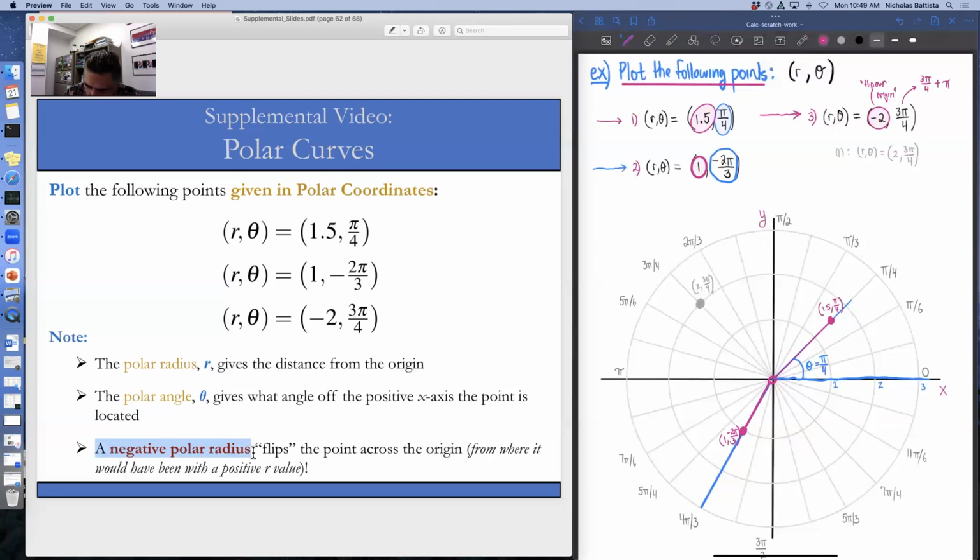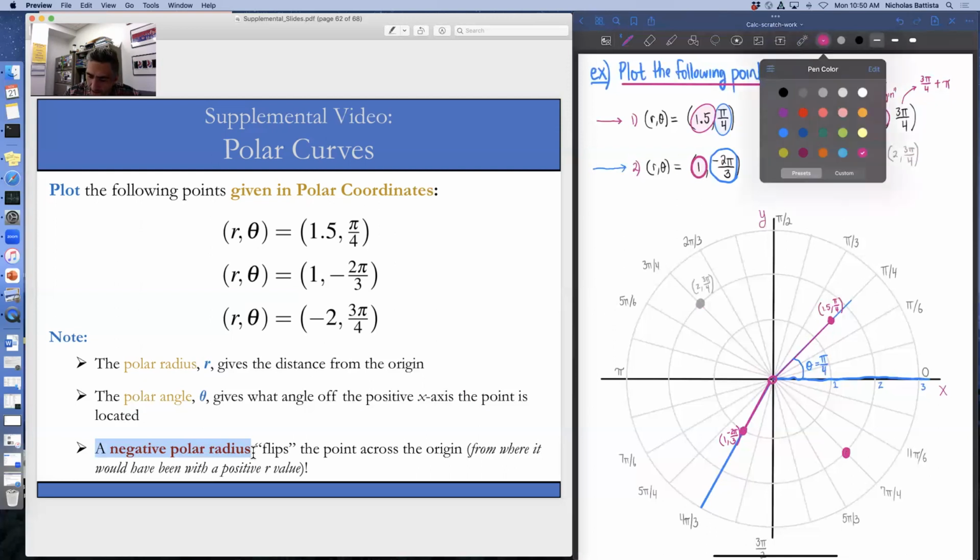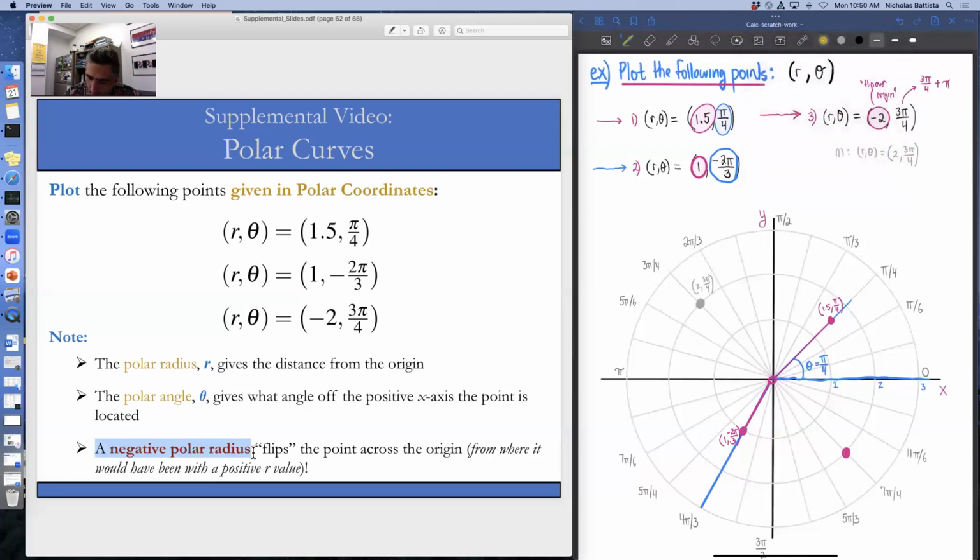So again, we take this point that's a distance of 2 away. We flip this across the origin. We will land in quadrant 4, at the point over here. So again, just to emphasize, this point has a distance of 2 from the origin.